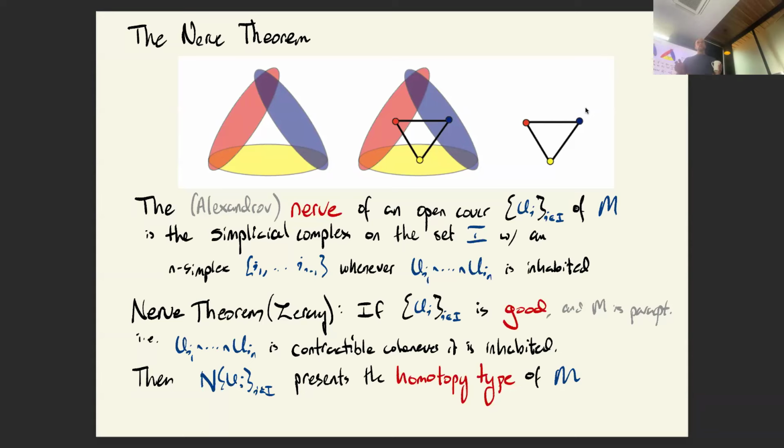What it means for the open cover to be good is that the n-fold intersections of any opens in that cover are contractible. This is an example of a good open cover, because if you look at the intersections, they are still contractible. They're little blobs.